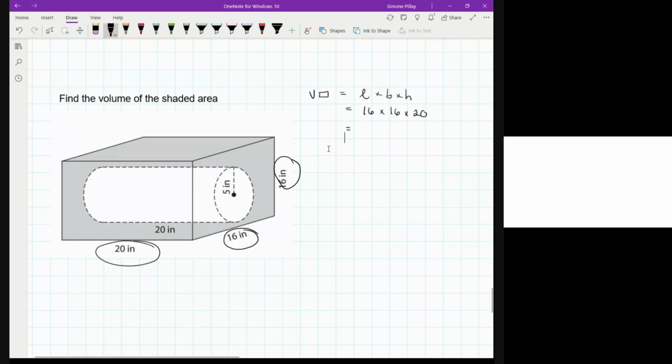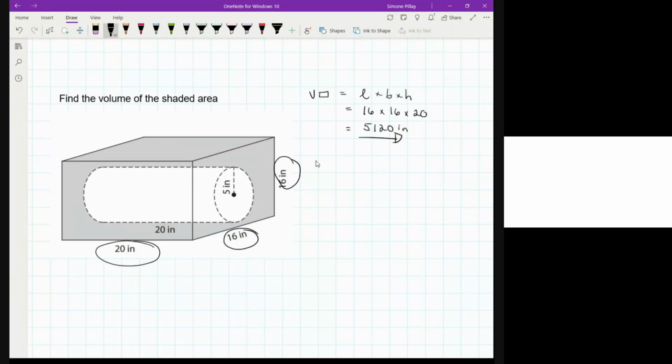That was a hand. I don't know whose hand was up first. Let's see. Yes, Shady. It's 5,120. Thank you. Cool. And that's not centimeters, that is inches. Okay, so that's the volume of my rectangular prism.